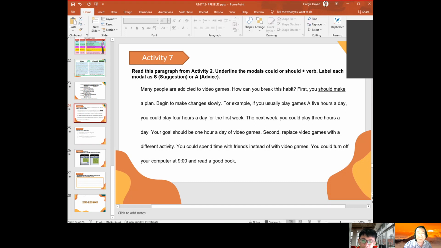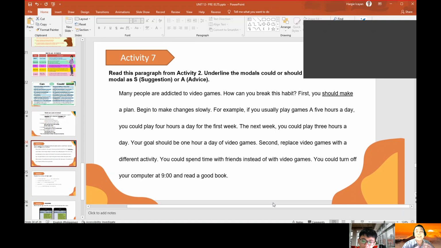When we say abruptly, that means immediately. So you just have to make a little bit of change, as long as you have changes little by little.